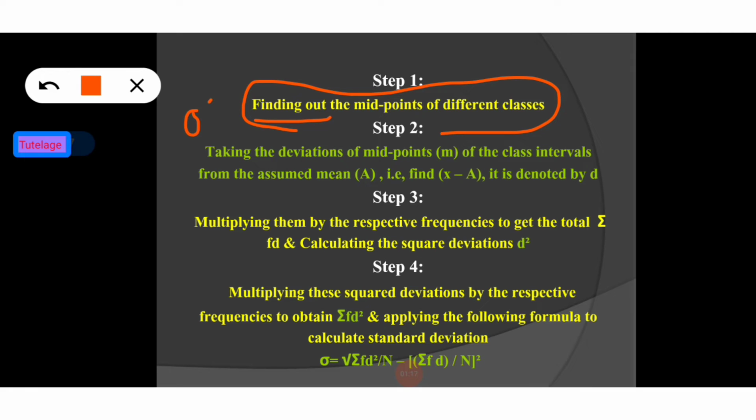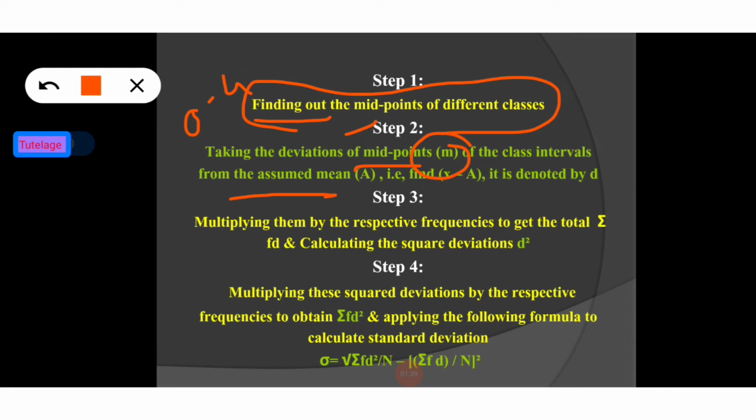So 0 to 4. So now calculate the midpoint of the first class. Okay, so now going to the second step, we are taking deviation of the midpoints, which is denoted by small m, of the class intervals, from the assumed mean, which is denoted by capital A.